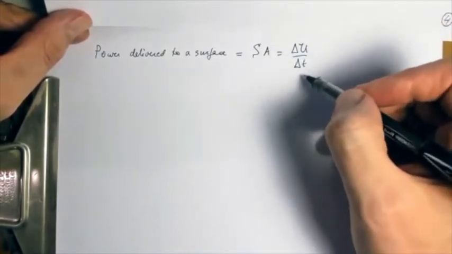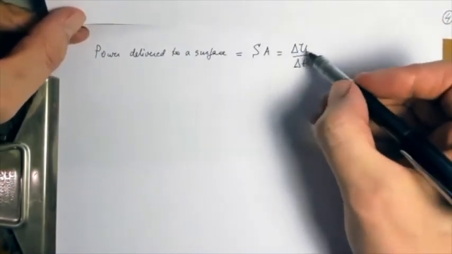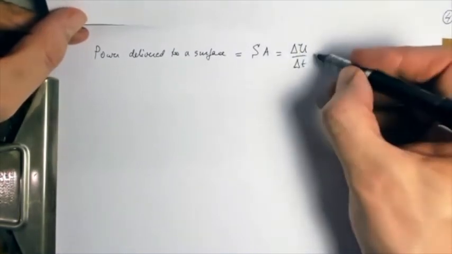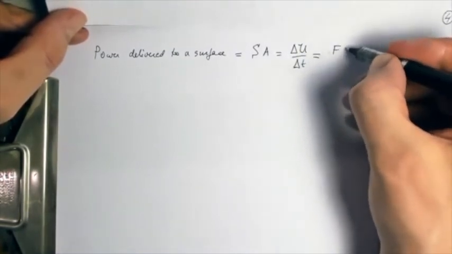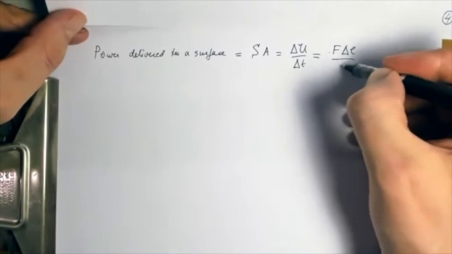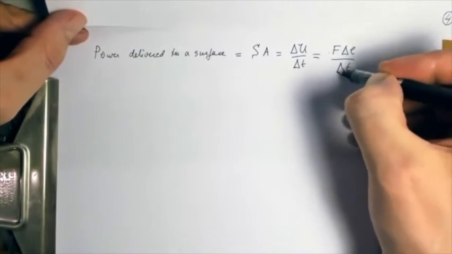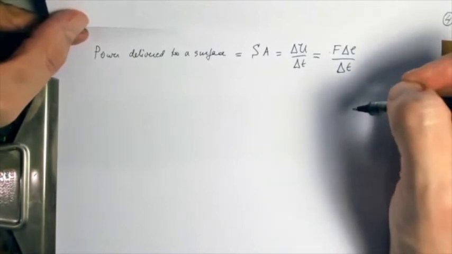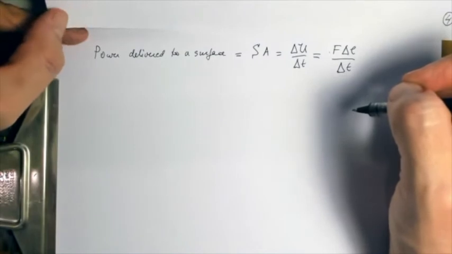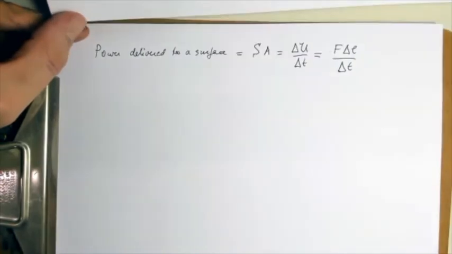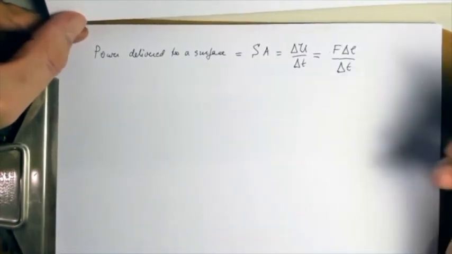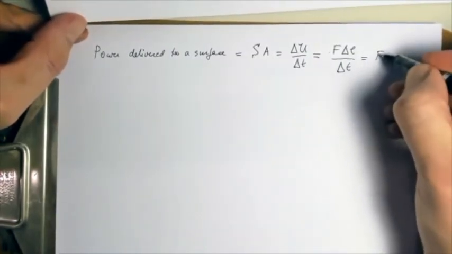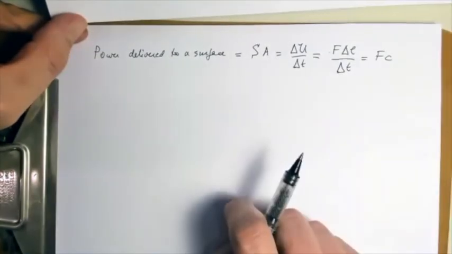So it's joules per second. But joules is force times distance. So that's F times delta L over delta T. And that distance and that time interval is the speed of light. So that's F times c.